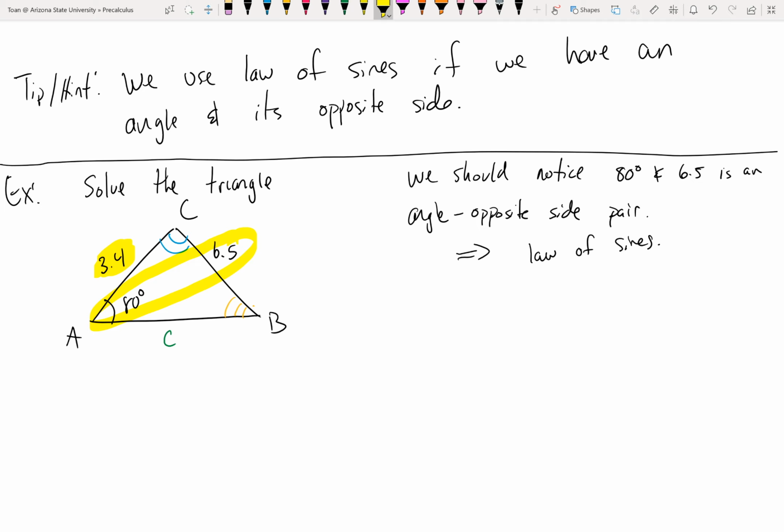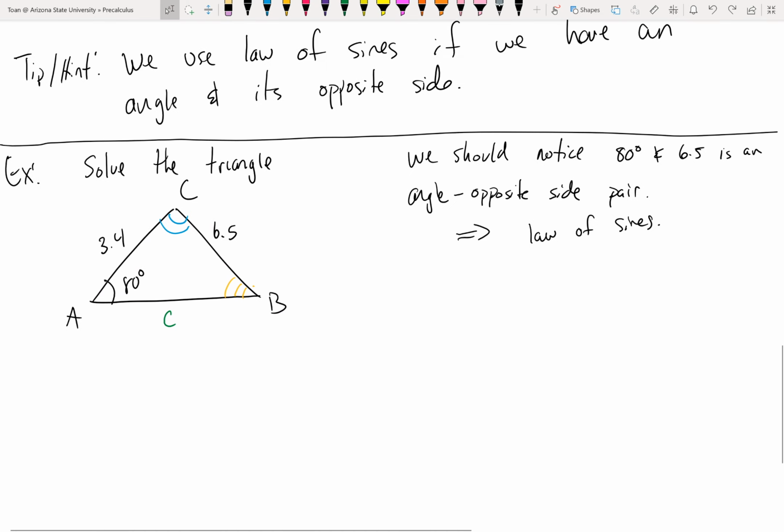So for this particular problem, I can't really have free choice in what to solve for. I am forced to solve for one particular piece of information, namely, in this particular instance, we are forced to start off solving for angle B because that's the only numerical information we have. So let's set up the law of sines. Now, there's no right or wrong way to do this.